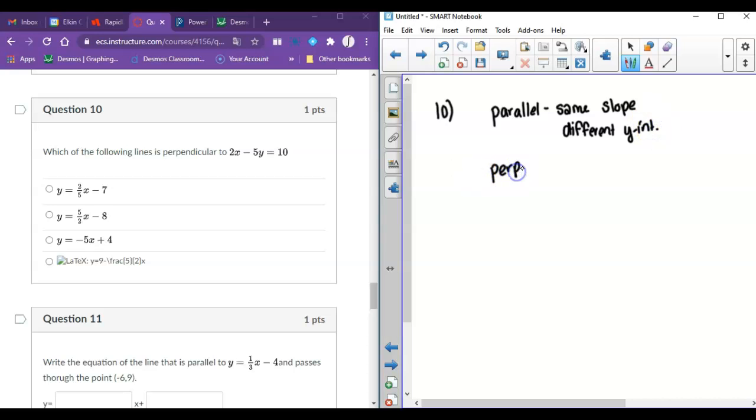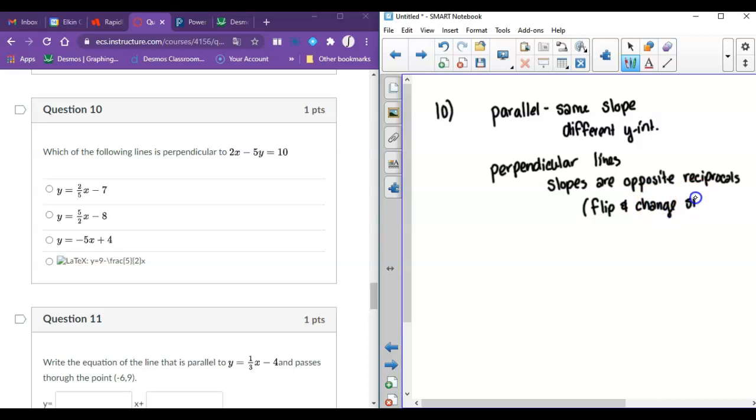Perpendicular lines have slopes that are opposite reciprocals. And opposite reciprocals means to flip and change signs.